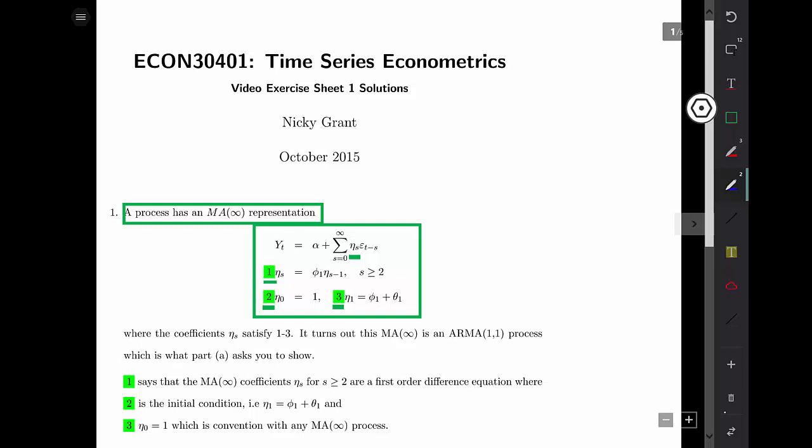Condition 1 just says that for s equals 2, we're going to get psi 2 equals phi 1 psi 1.